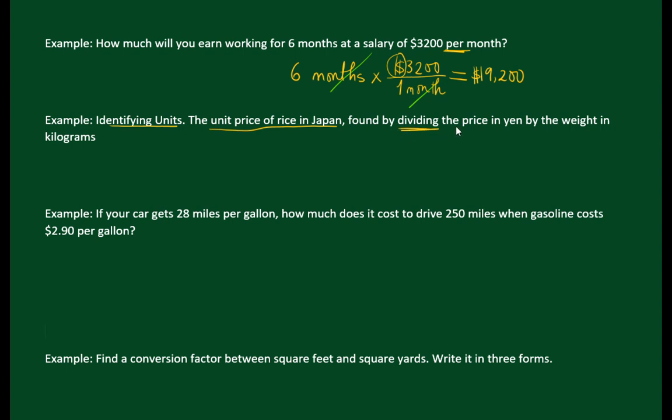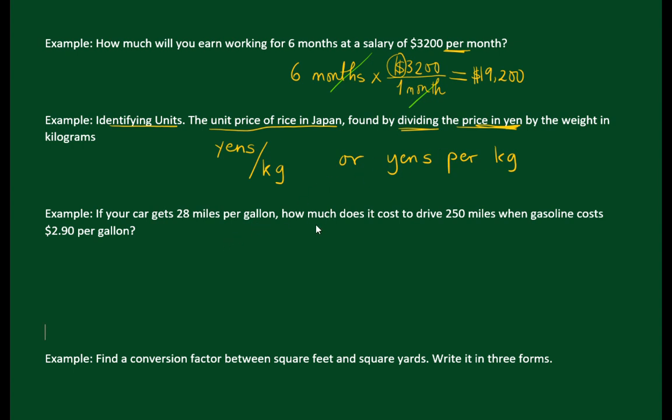It says dividing the price in yen, the currency unit, by the weight in kilograms. So the unit for the unit price of rice will be yen per kilogram. You can write it in this form, or as yen per kilogram. So that's the unit for this quantity.